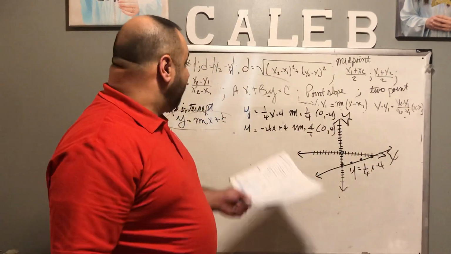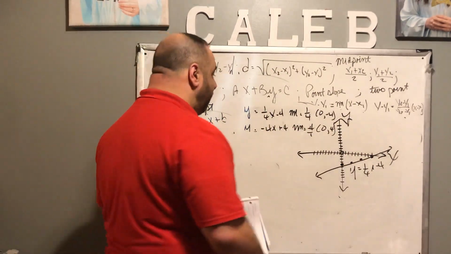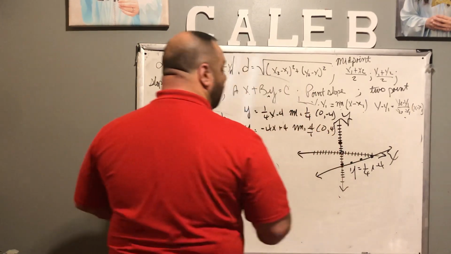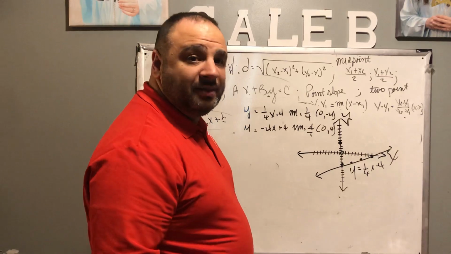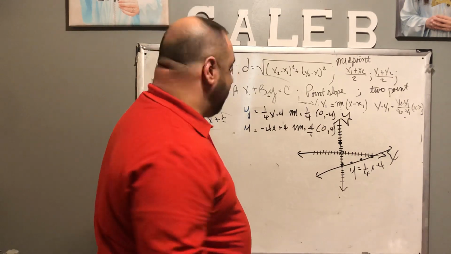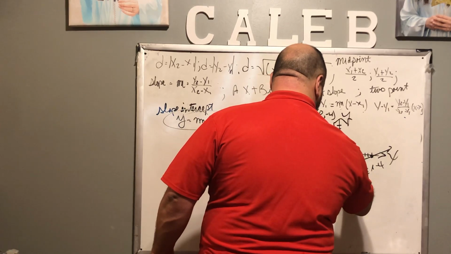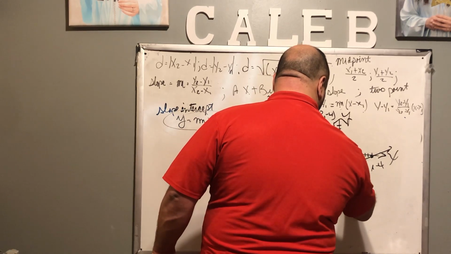Okay, now let's graph the second equation. So (0, 4) would be up on the top here. 1, 2, 3, 4. From there, we're going to go 4 down, 1 to the right.